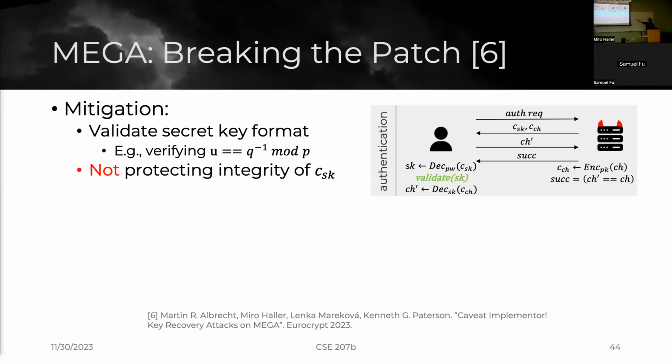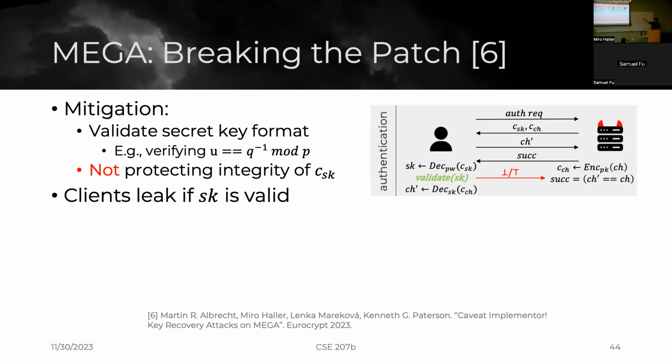And in fact, what they didn't do is protect the integrity of the encrypted secret key, as you suggested, by changing AES-ECB to AES-GCM or some other authenticated encryption. The problem with this approach is that if they validate, the client leaks whether a key was valid or invalid. And so it turns out that this gives an error oracle where you can play games with the key, so that it sometimes passes this check and sometimes doesn't, depending on secret information about the key itself, by using this encryption oracle that we found, that we already talked about before.